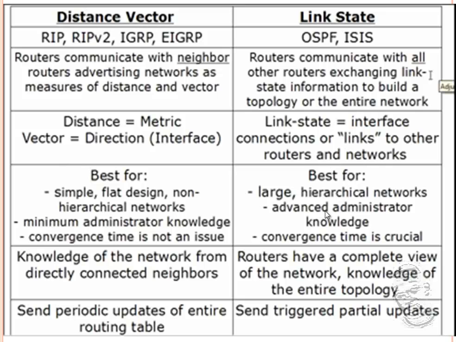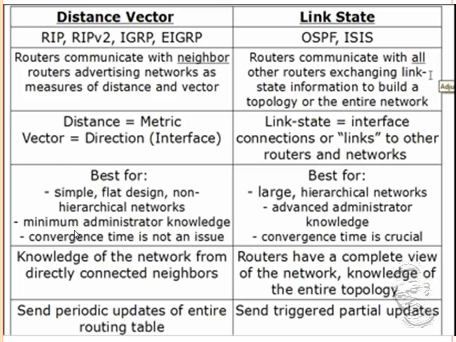The whole concept of convergence is that for larger networks, when a link goes down, it is important that a network configured using either OSPF or IS-IS can find out which is the best path to use in order to get to a specific location. Whereas distance vector protocols are used in non-hierarchical networks like a hub and spoke.